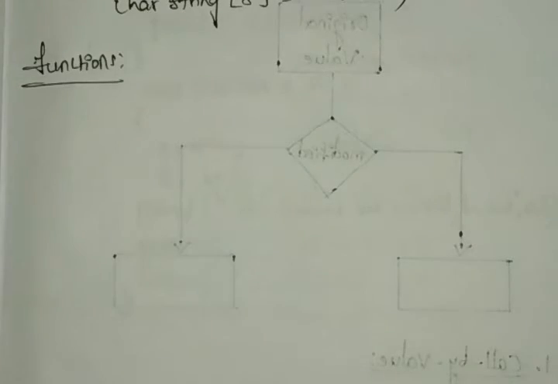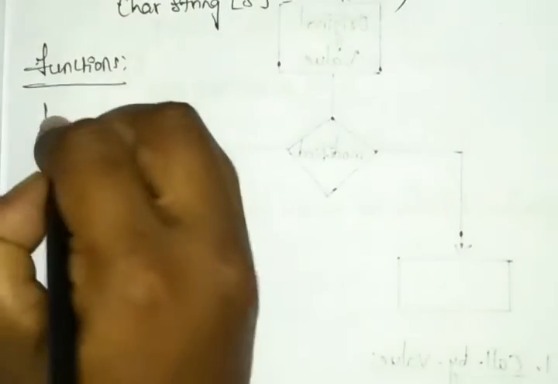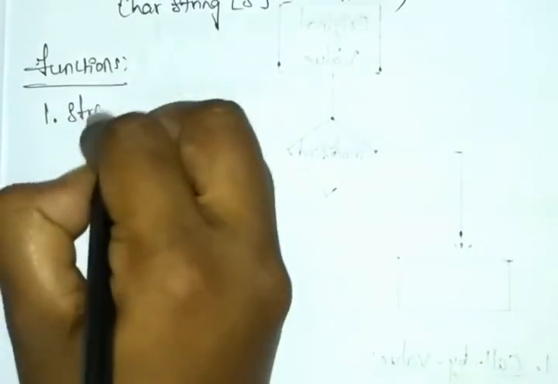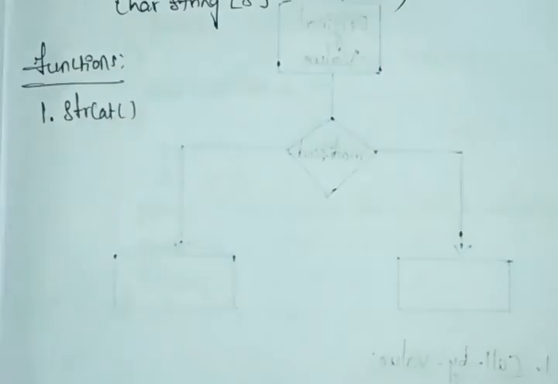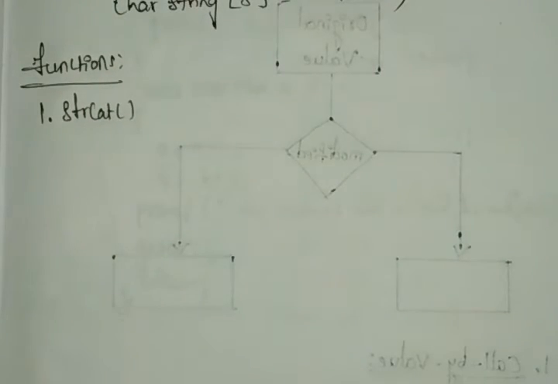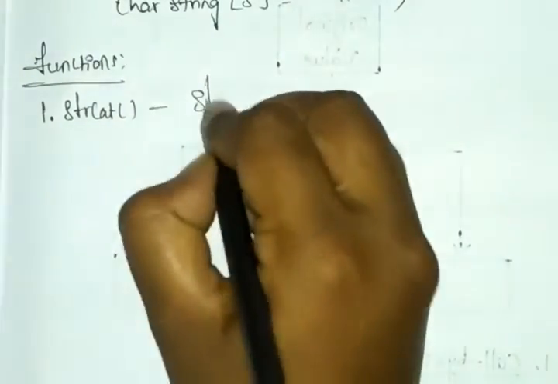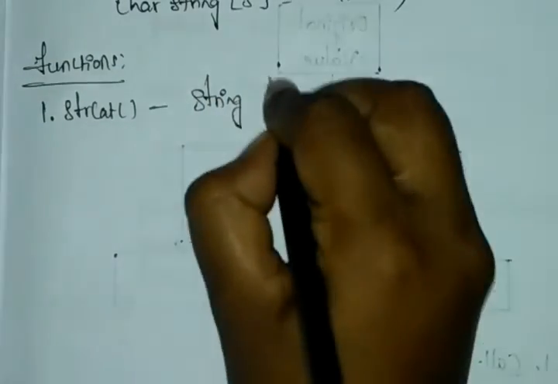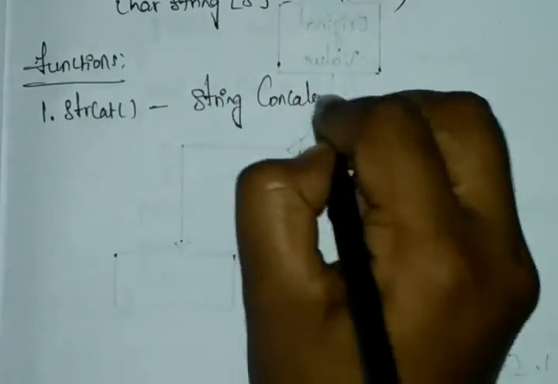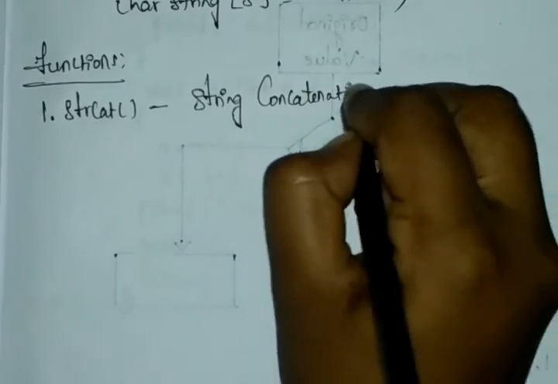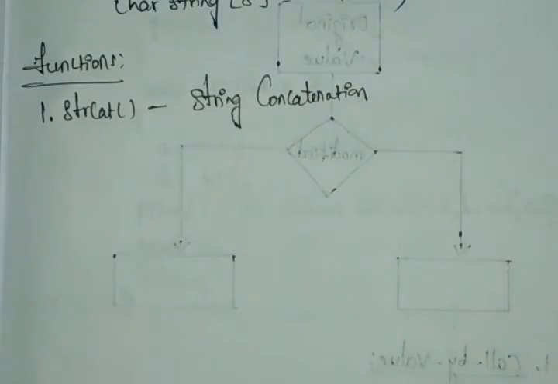First one is strcat. This is string cat, meaning we can perform string concatenation. We can add one string to another string. Concatenation means you are adding two strings.